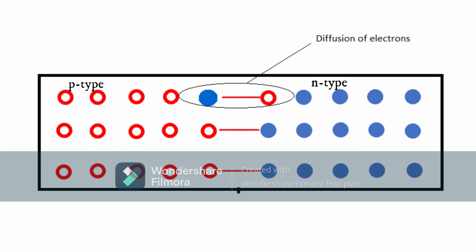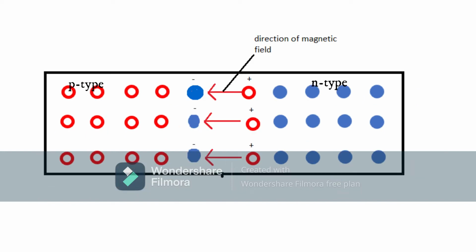This causes an excess of electrons in the P side and a deficiency in the N side. This creates positive and negative ions in the N side and P side of the diode respectively. These ions create an electric field. Because of this, a potential barrier is created, known as the depletion layer.